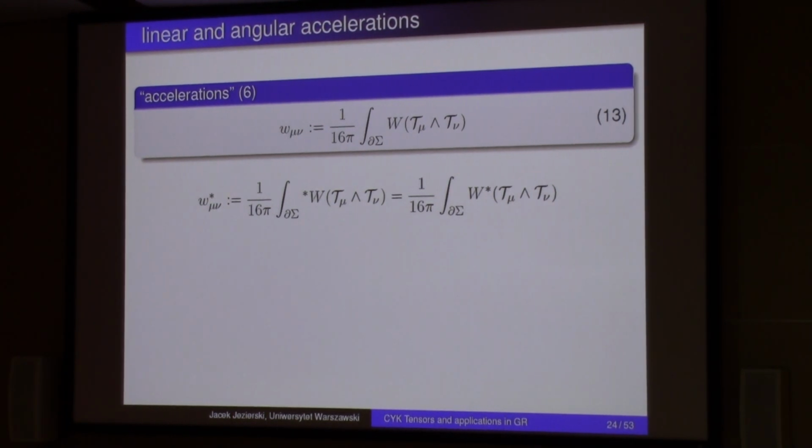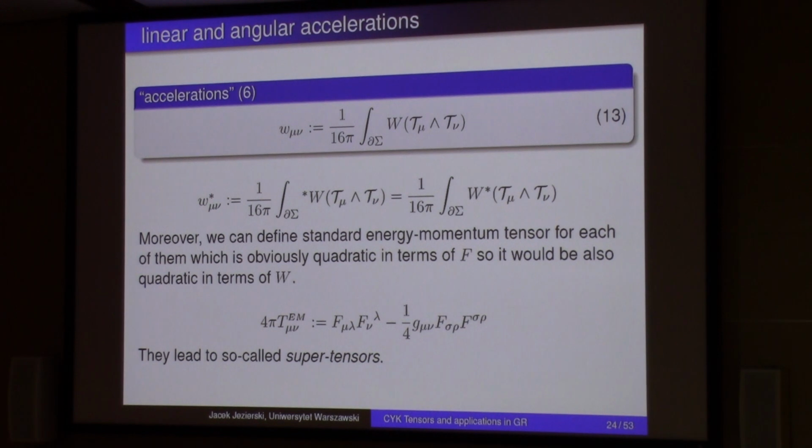But maybe 20 minutes ago appeared this parameter alpha in this accelerated Taub-NUT, etc. So this parameter alpha has something to do with this W. Okay, so I'm saying always that this corresponds to something, because these are 6 numbers. Yeah, this is a skew-symmetric tensor. There are accelerations and angular accelerations, altogether 6. But they are usually not 6.